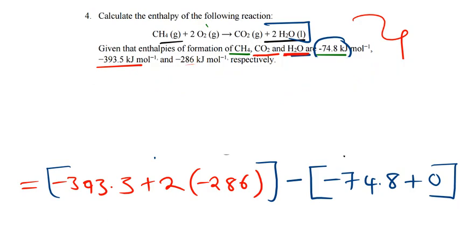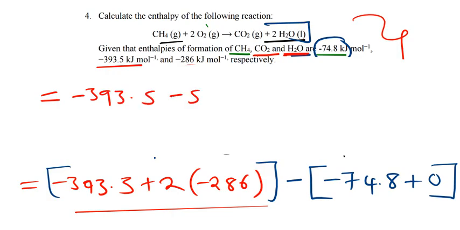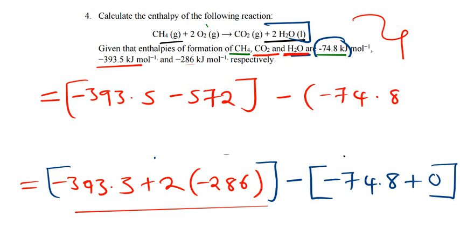So how do we calculate now? Just add what's in the brackets there. I'm getting negative 393.5 minus 572, where I multiplied by 2, and then in the other bracket we're just having minus negative 74.8.